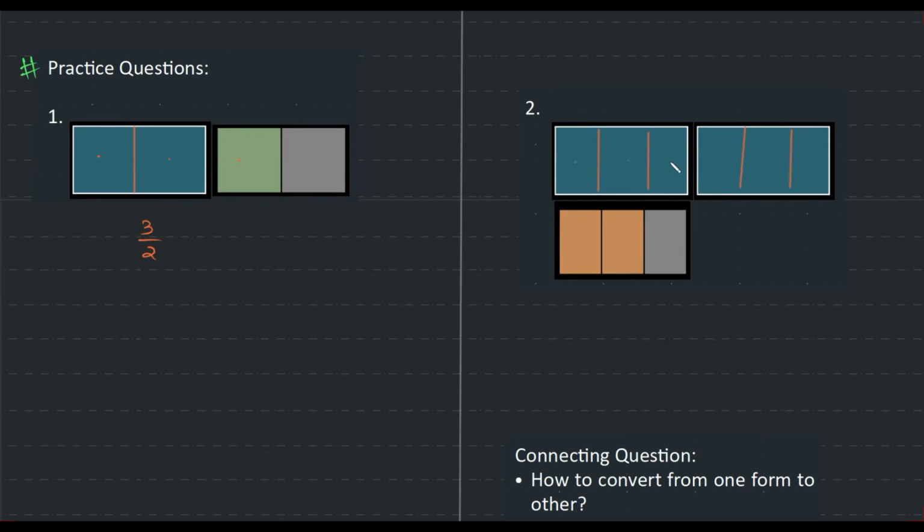So we have 1, 2, 3, 4, 5, 6, 7, 8. Each of these is 1 by 3. So how many 1 by 3s are there? 8 of them. So 8 times 1 by 3, which can be written as 8 by 3.